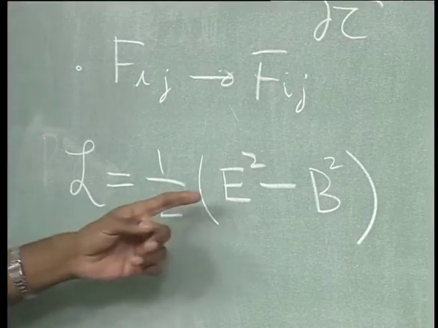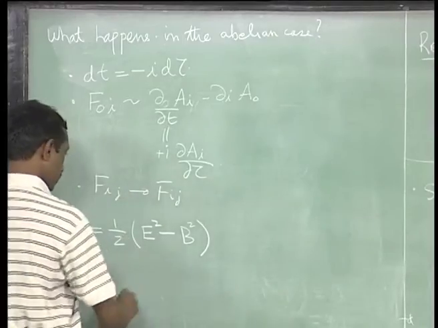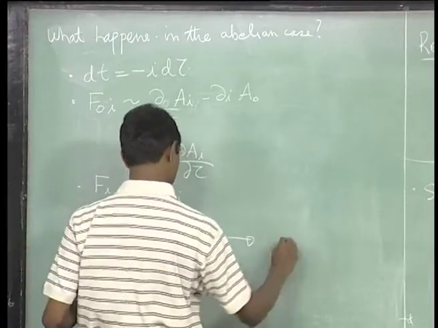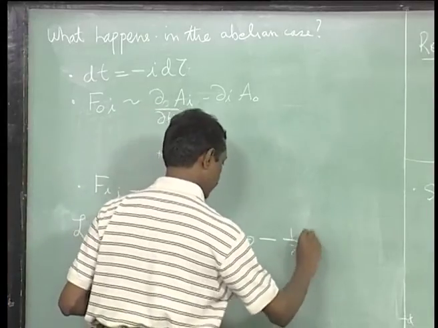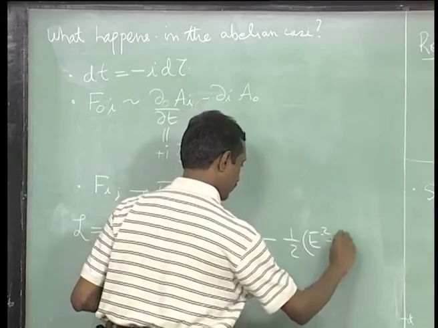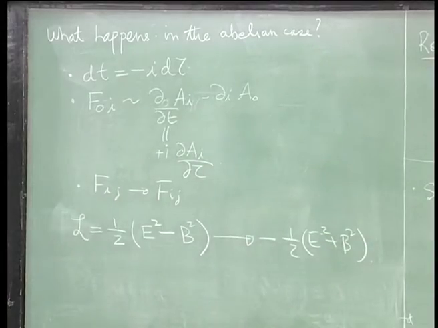Now you can see that under the Wick rotation, this changes sign, so it becomes overall minus half of E squared plus B squared.